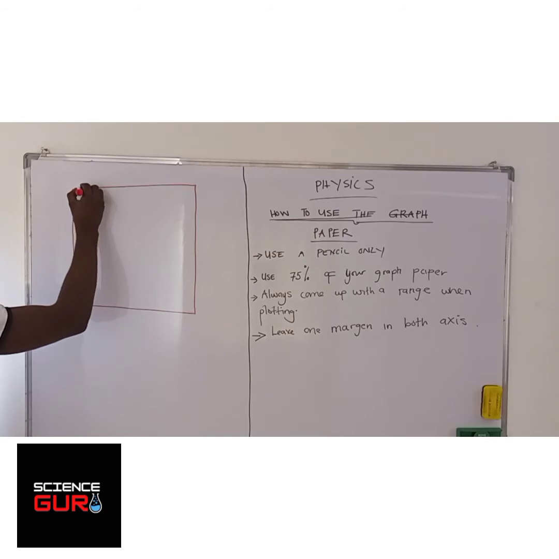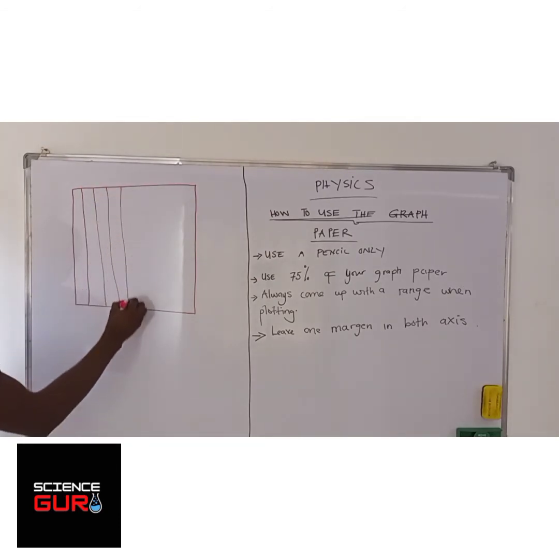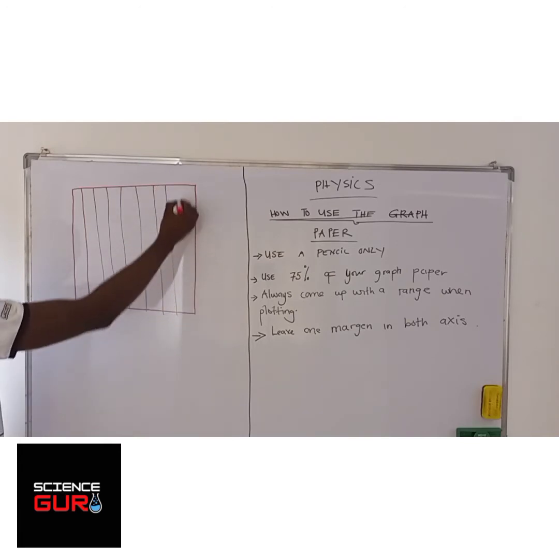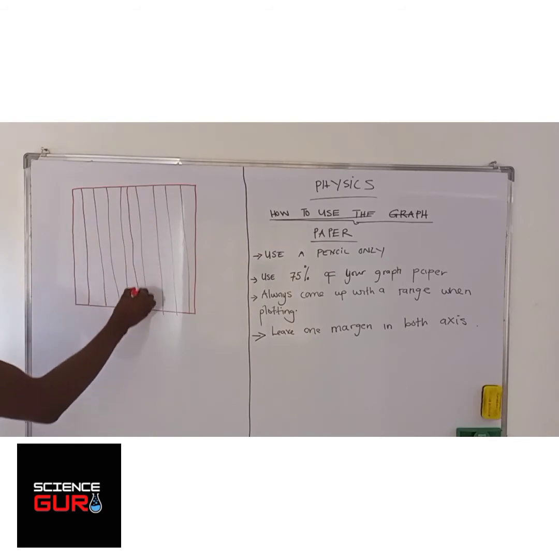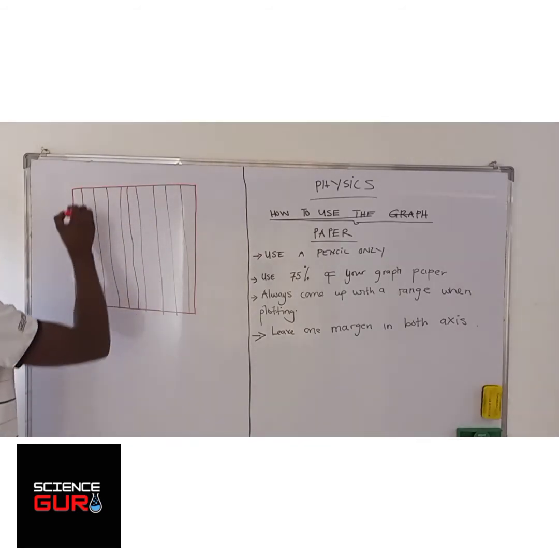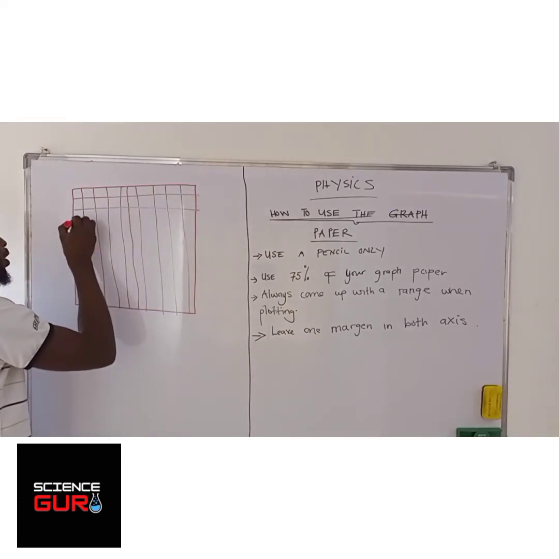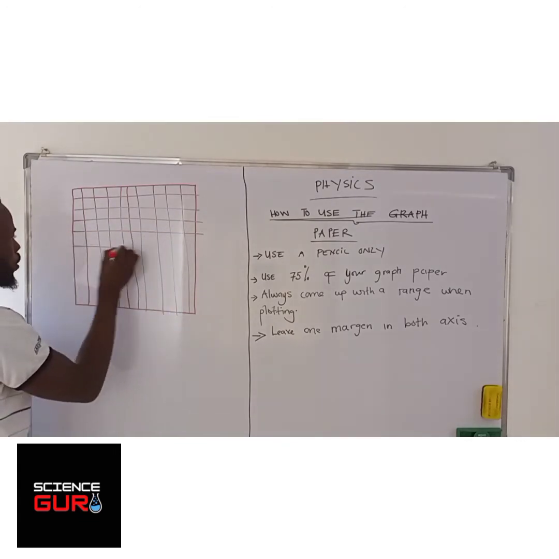Let's say this is box 1, 2, this is 3, this is 4, 5, 6, 7, 8. Let's have a line here. Hope you are following, guys. This is simple, just how to use a graph paper.